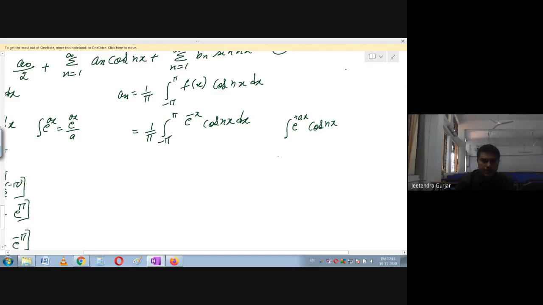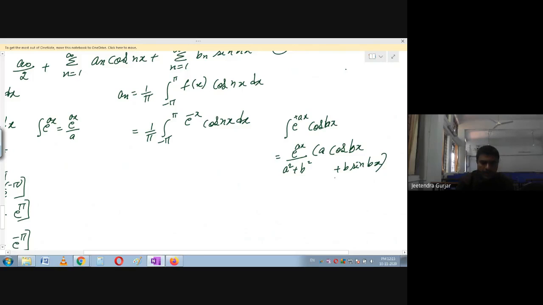You should remember this, students. This is equal to e raised to ax upon a square plus b square. Instead of n, we have to take b here. This is a cos bx plus b sin bx.